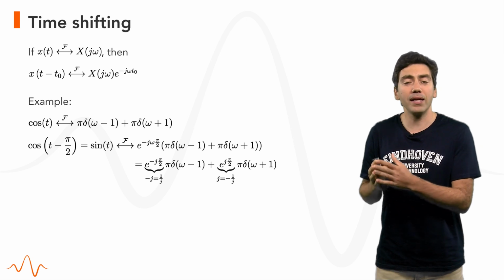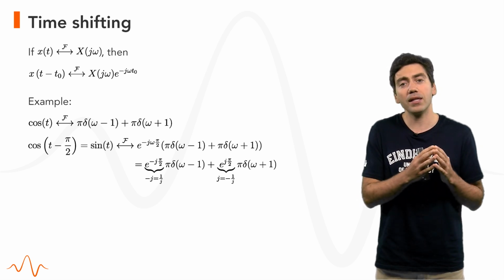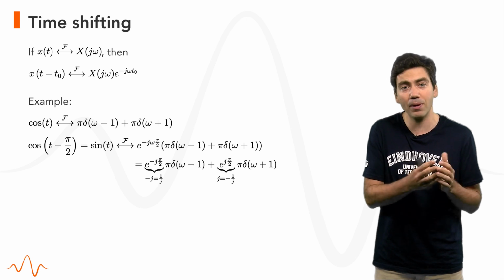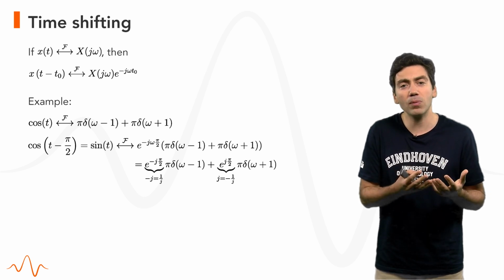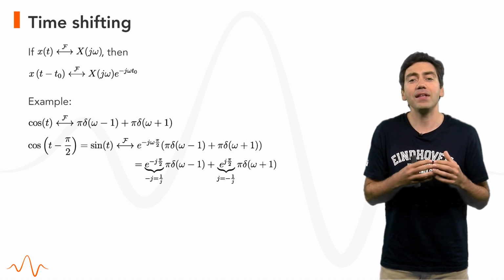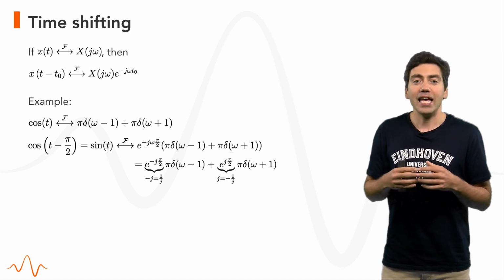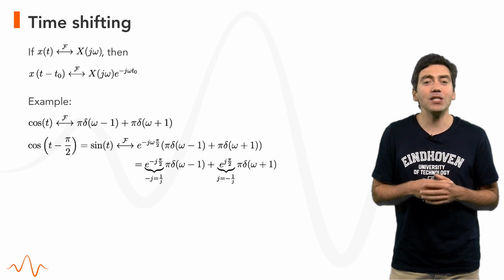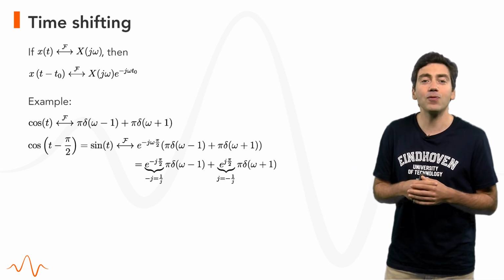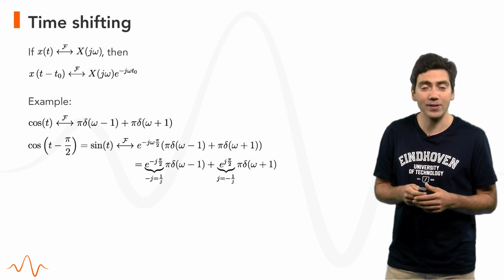And when we multiply the Dirac centered at minus 1 by e to the power of minus j omega, with omega replaced by minus 1, pi over 2, we are basically multiplying by e to the power of j omega pi over 2, and this is basically j. And so with a few manipulations, we get the expression that we have already encountered for the Fourier transform of a sine.